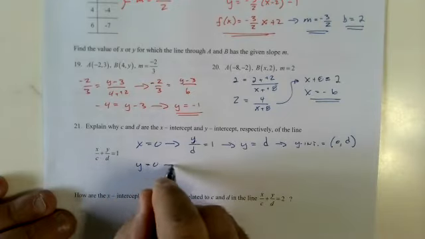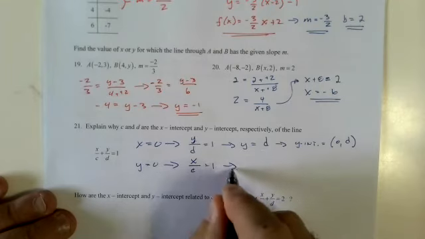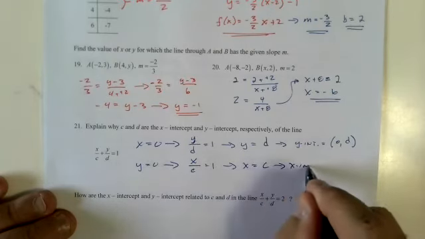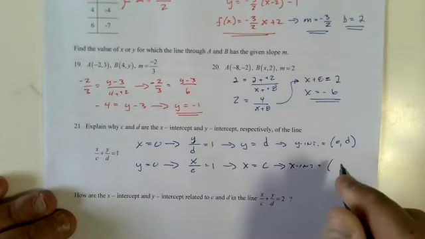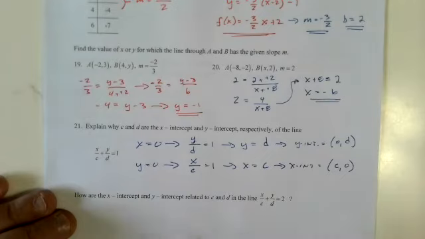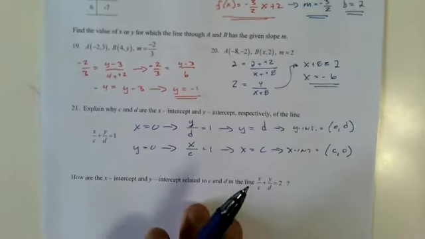When y equals 0, x over c equals 1, x equals c. The x-intercept is (c, 0). By the way, that's proof on an AP exam. That's why that question's there.